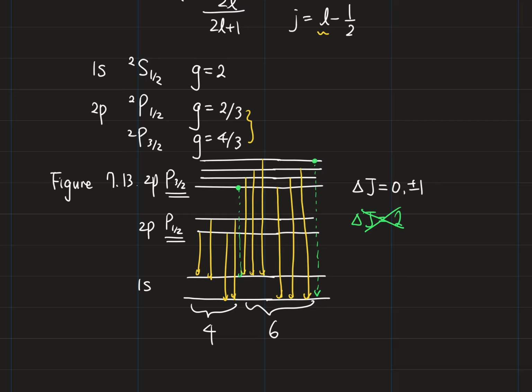Okay, so accounting for the spin angular momenta correctly describes the observed 10 distinct lines in the spectrum. And yeah, this is the end of discussing the hydrogen atom, and let's move on to the multi-electron atom in the next page.